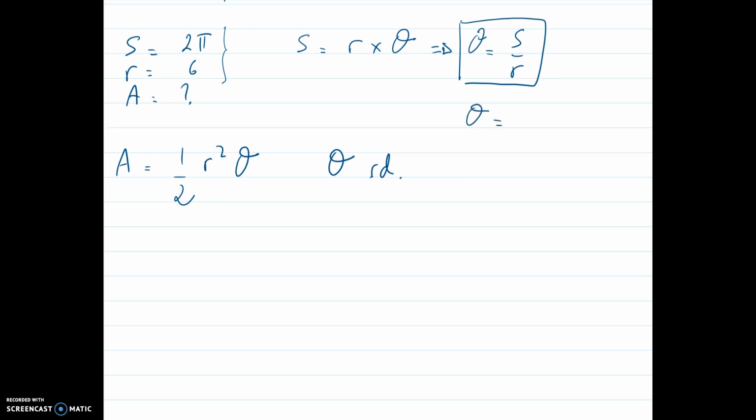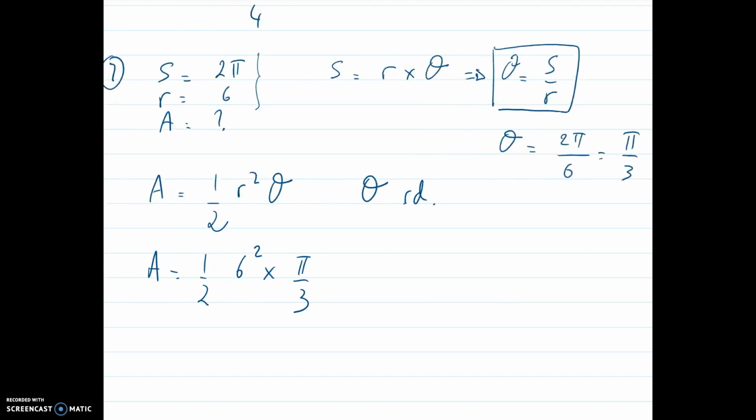I'm just going to write theta equal 2 pi divided by 6, which is pi over 3. I'm not going to calculate pi over 3 with my calculator. Therefore, my area is going to be half of 6 squared multiplied by pi over 3, which is equivalent to 6 squared multiplied by pi divided by 6. At the end of the day, the area is 6 pi, and I'm going to leave the answer this way.